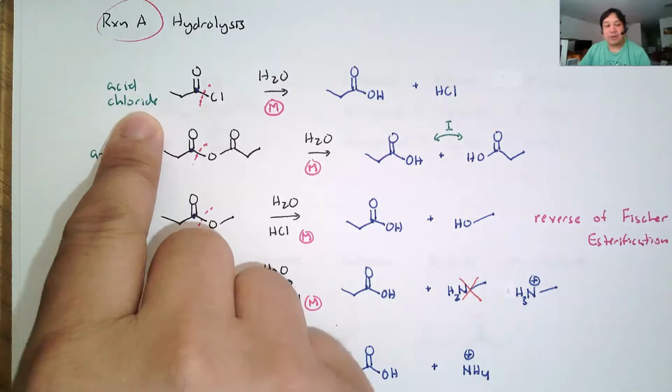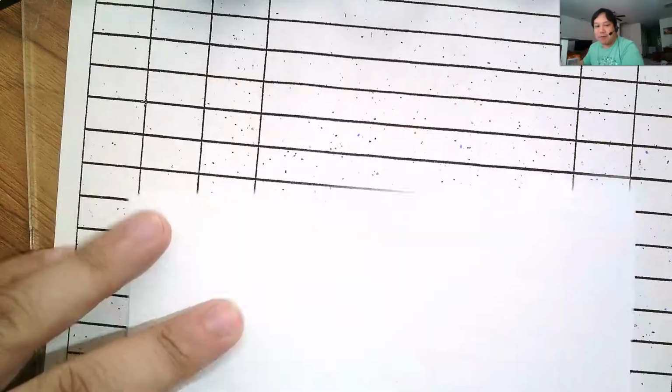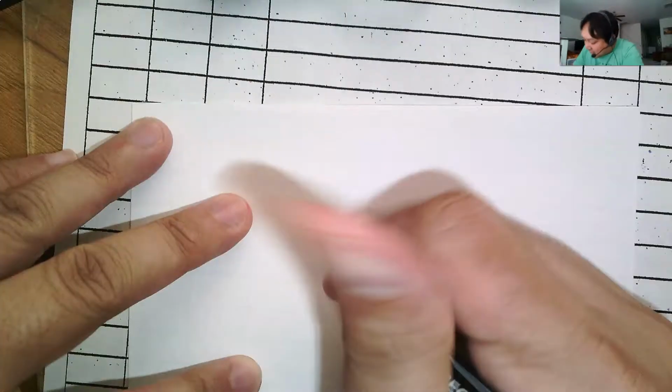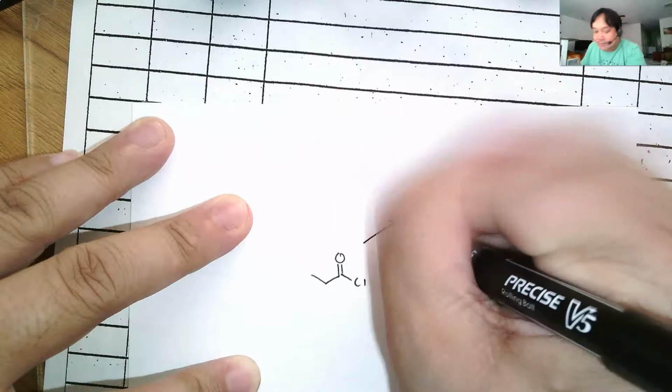So now you could have a roadmap, and your roadmap can look like this. Well, heck, we could have a note card. Your roadmap could look like this, where you have an acid chloride in the middle, and you could do hydrolysis.